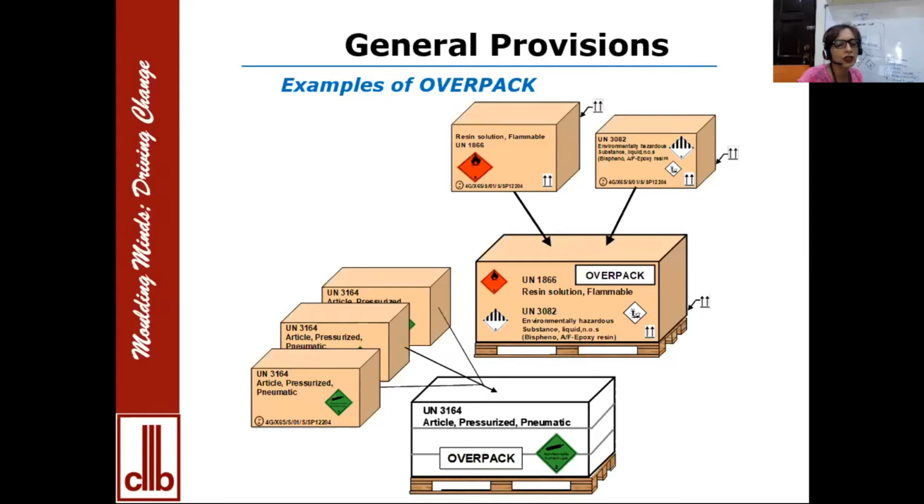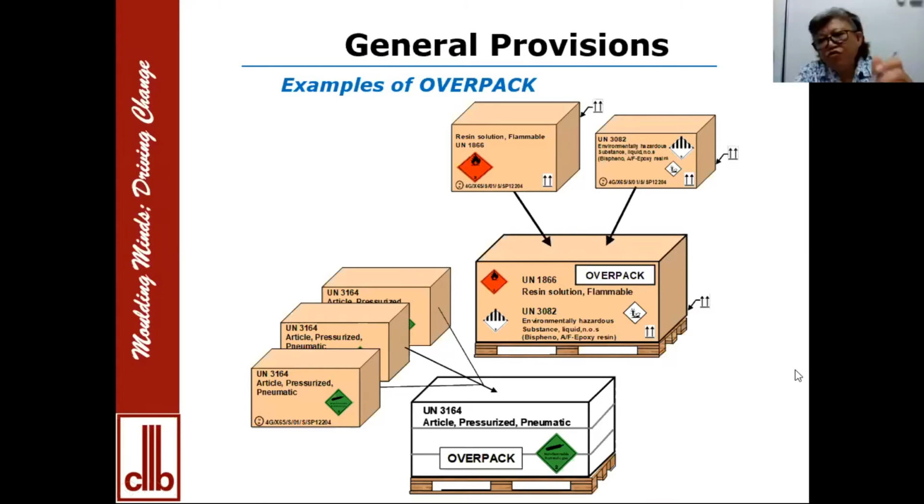So if you unitize two different DGs, you will only unitize if they are compatible, right? Otherwise, you won't unitize. However, if you unitize multiple drums of the same UN number, it's still considered unitization. So the minute you unitize, you have to use the word overpack on the pallet, irrespective of whether it is different DGs or the same DGs.